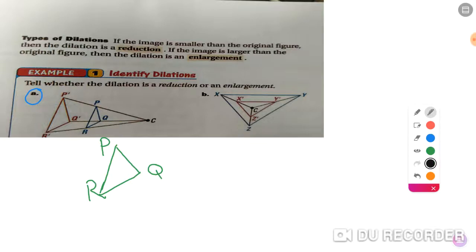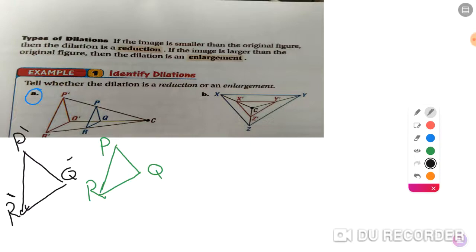And the image will be the same letters but with primes: the image of P will be P prime, the image of R will be R prime, and the image of Q will be Q prime. So here we can identify which one is the original figure and which one is the image of the original figure. Okay?